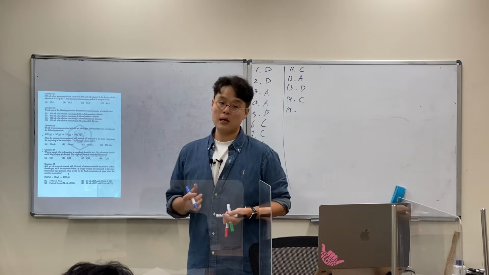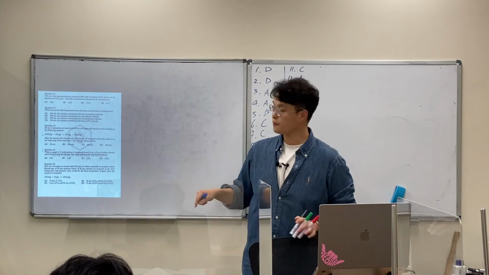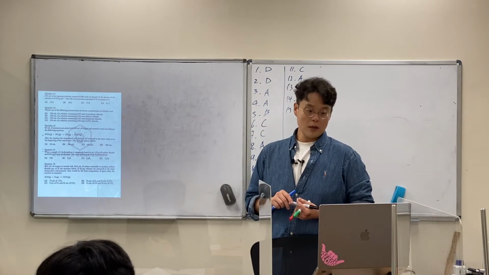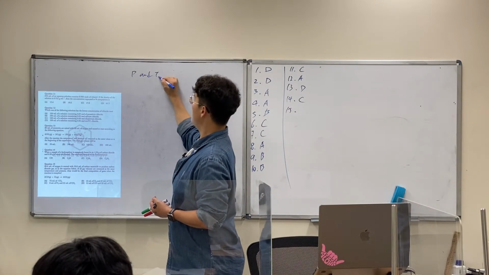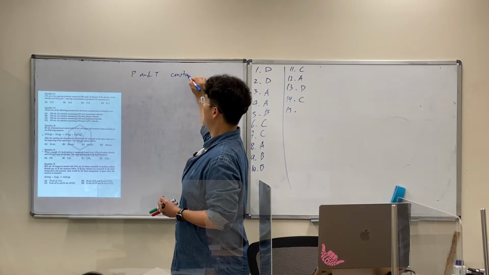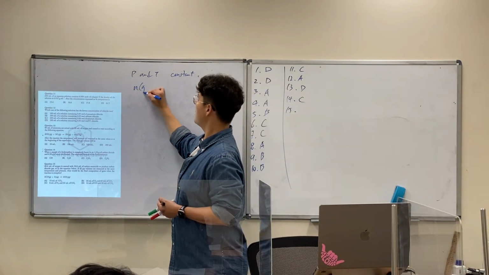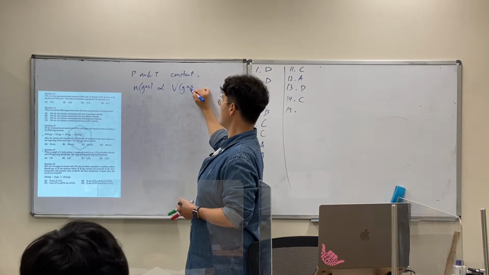Okay, again, the question is asking about the ratio values. We have 40 mL of oxygen. What we have to consider here is that P and T are constant. That means the number of moles of gas is directly proportional to the volume of the gas, according to Avogadro's law.